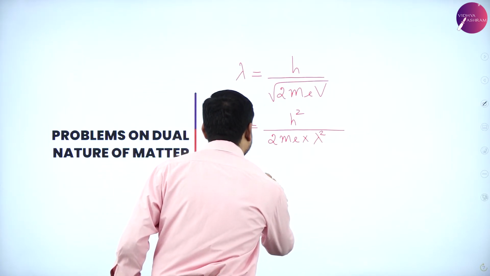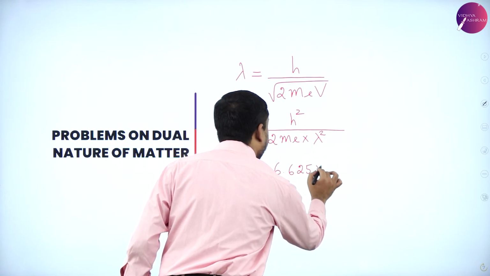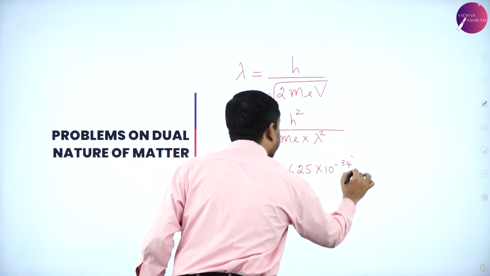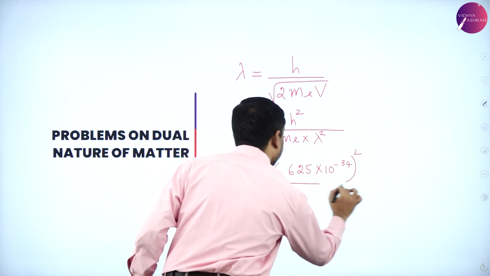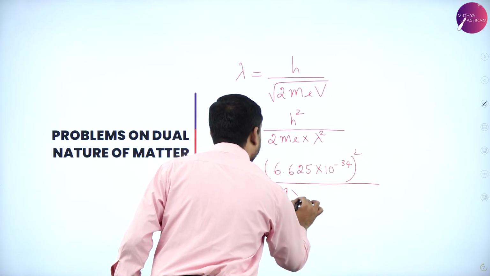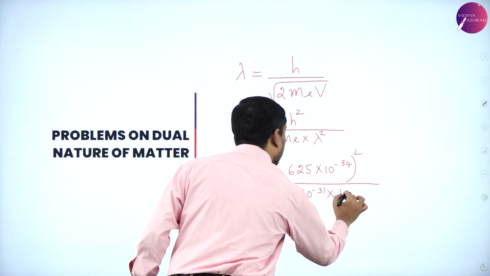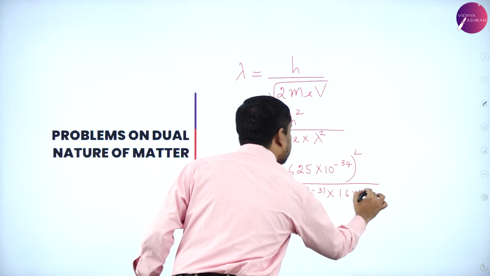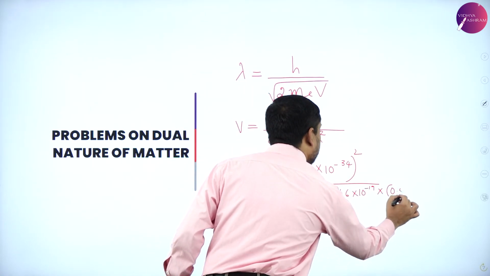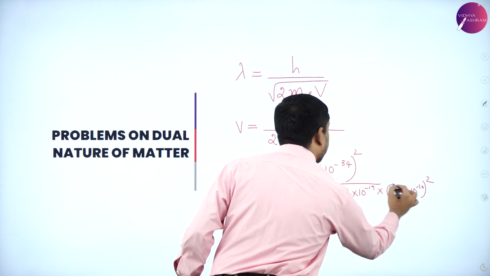So now this is 6.625 into 10 power minus 34 whole square divided by 2 into mass of the electron into charge of the electron into de Broglie wavelength square.